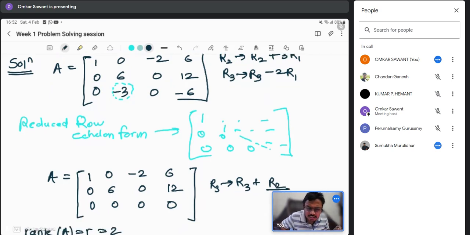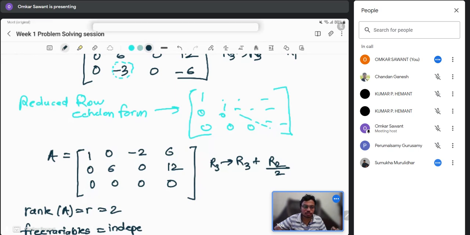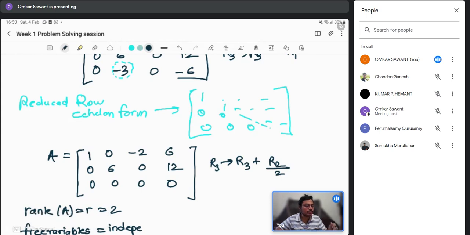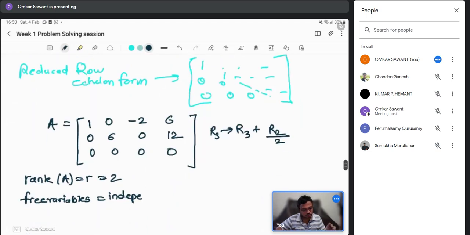Generally you don't take multiples of the same row, because it creates confusion. When you solve more problems you will experience that. So generally try to do the operation on the next row. You are getting my point, right? Yes, sir.